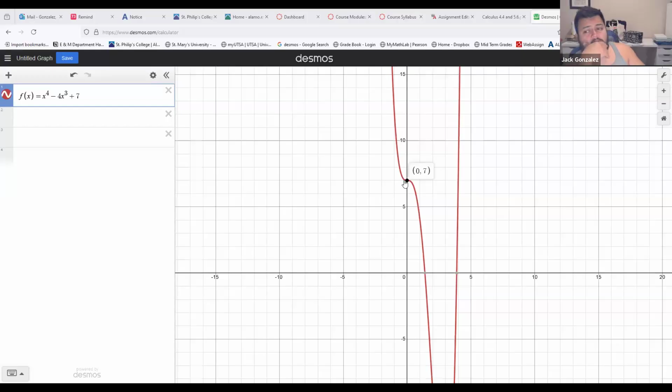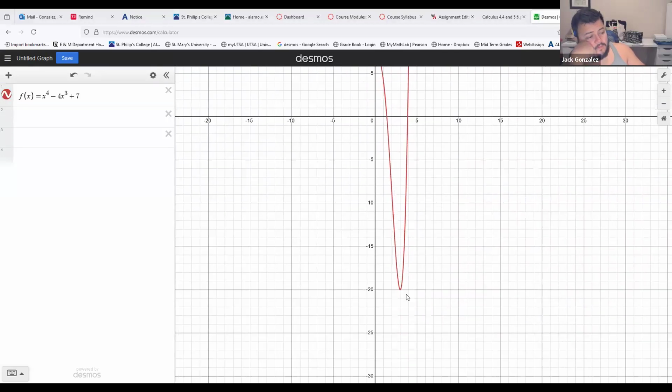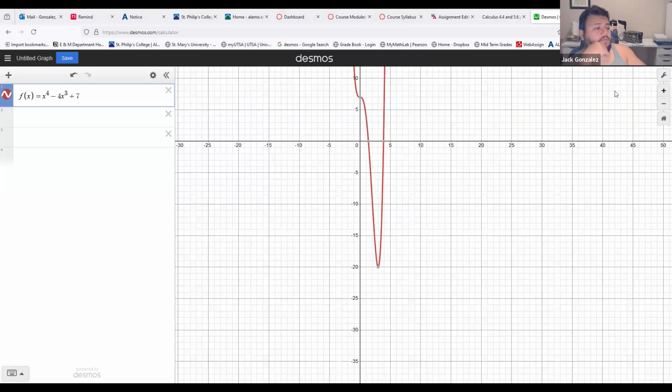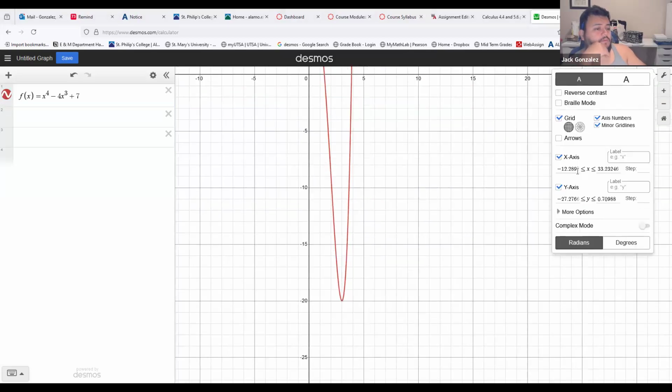The inflection point is right there at 0, 7. Now we have the minimum at 3, negative 20. So we kind of already knew the answers.